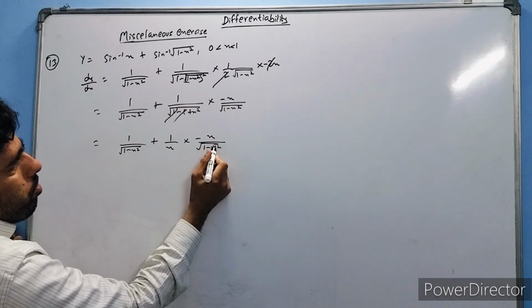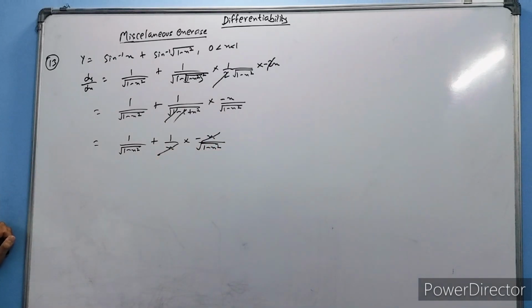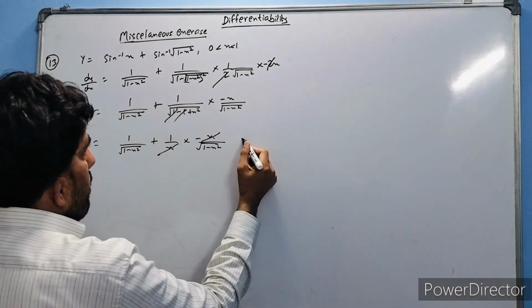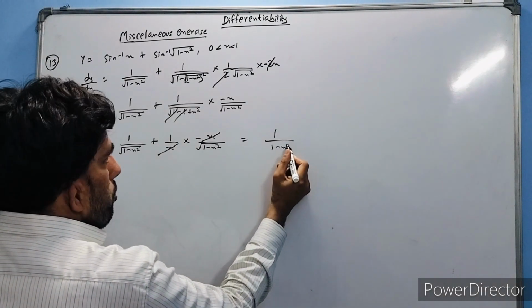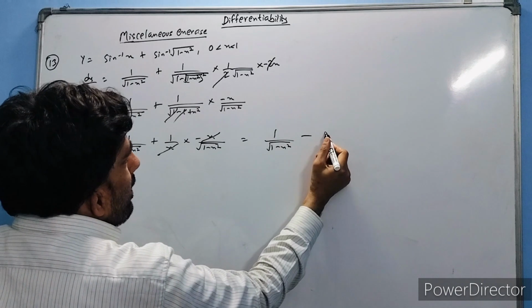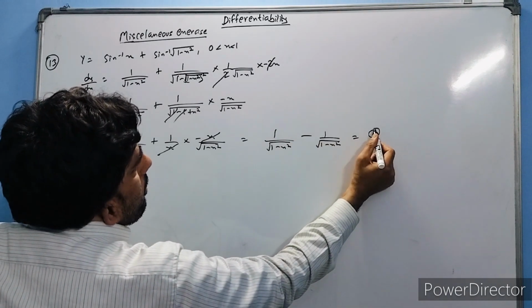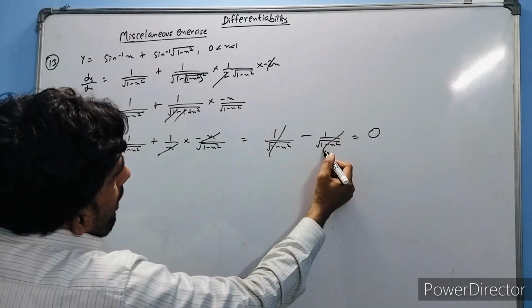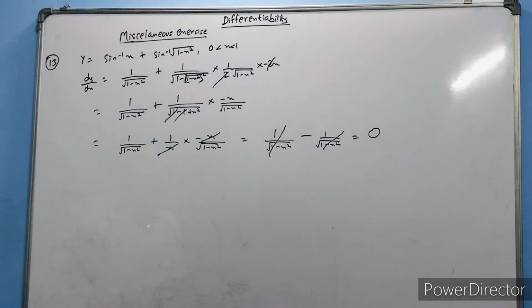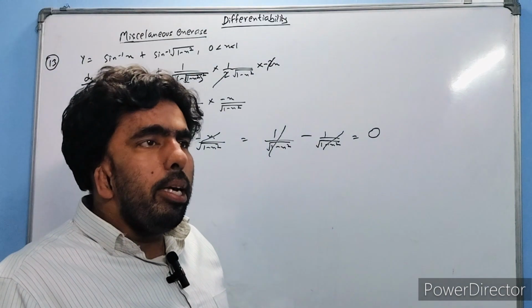Then 1 upon square root of 1 minus x square minus the same term will be 0. That is how we differentiate the given function.